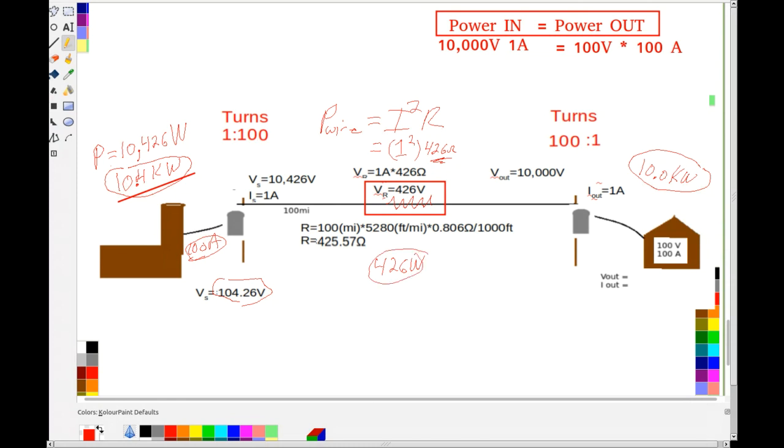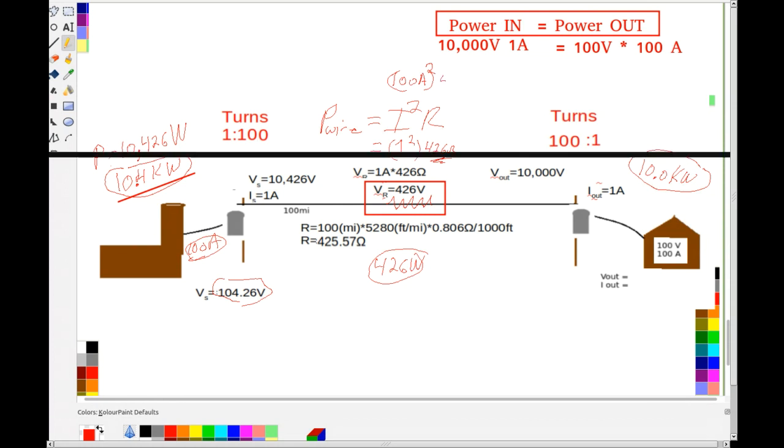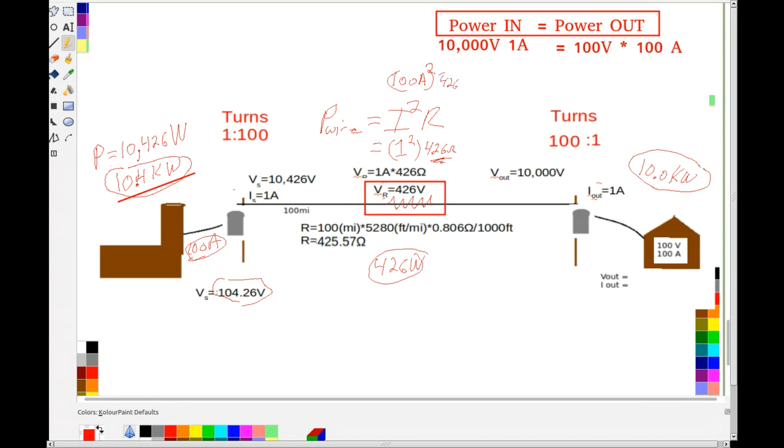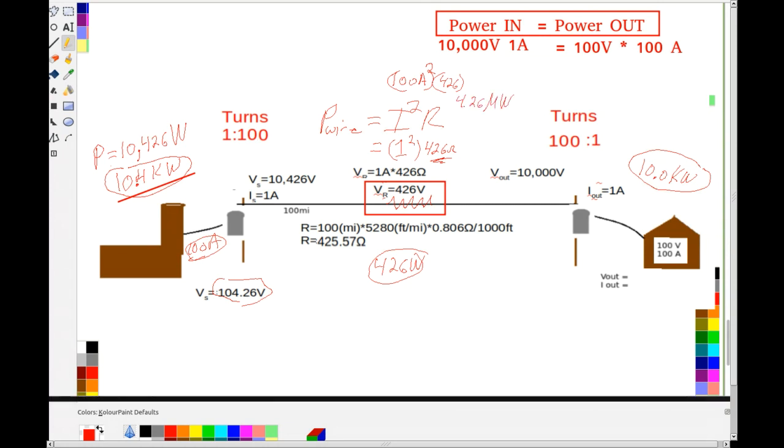Okay, so the wire is using 426 watts, where up above it was using 4 million watts, because if you have 100 amps, right, you have 100 amps squared times 426, so that gives you this 4.26 megawatts.